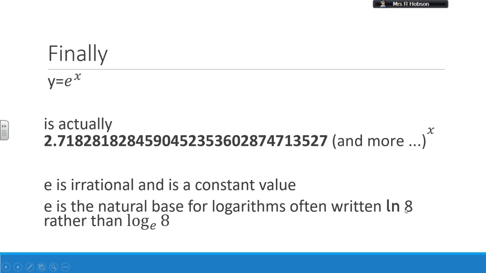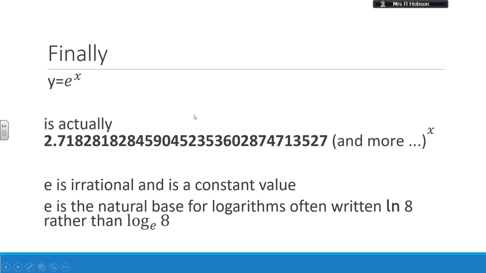You may have done some work on logarithms before, but here you may have been using a base. For example, 10 is a very common base and is often found on a calculator. This ln, again, which is often seen on a calculator, that's using the base, and that's the natural base e.